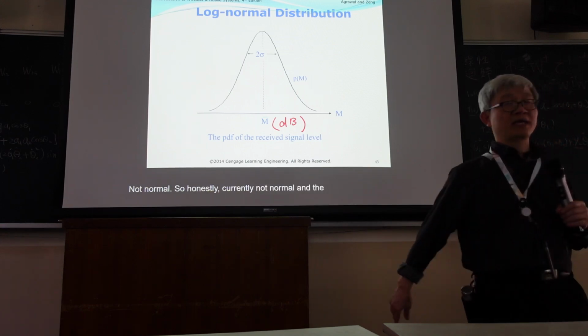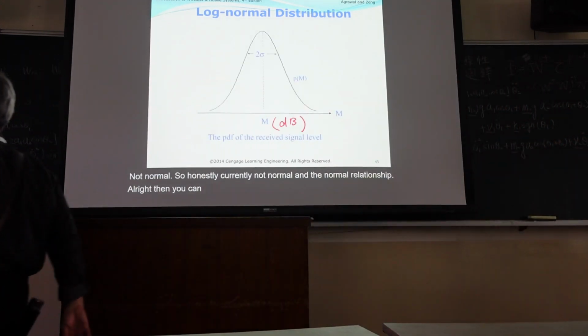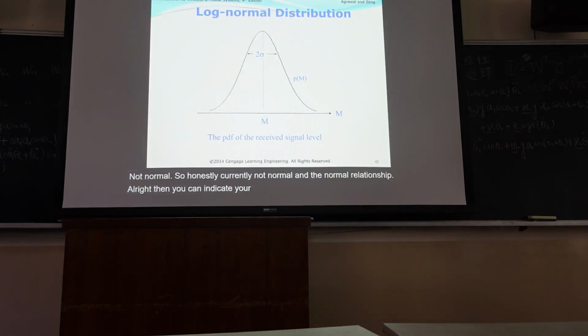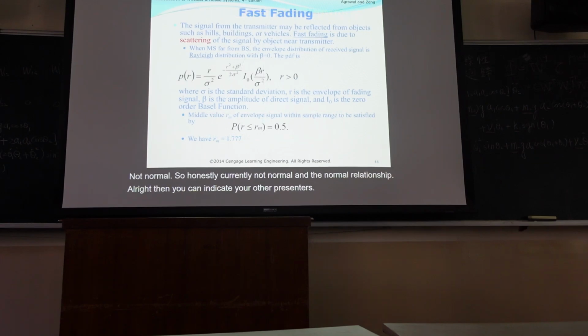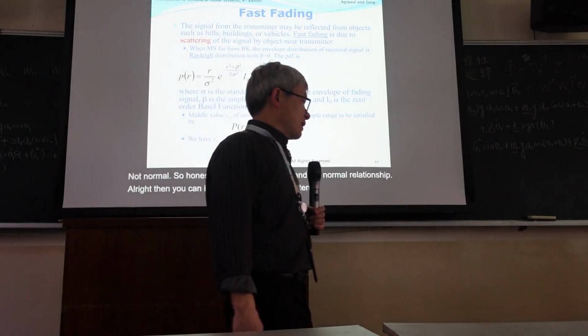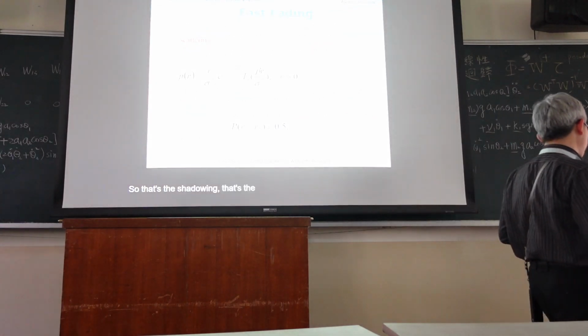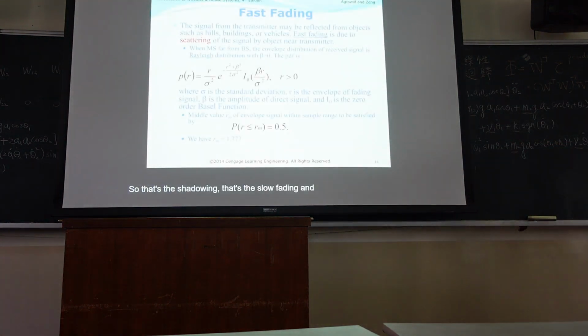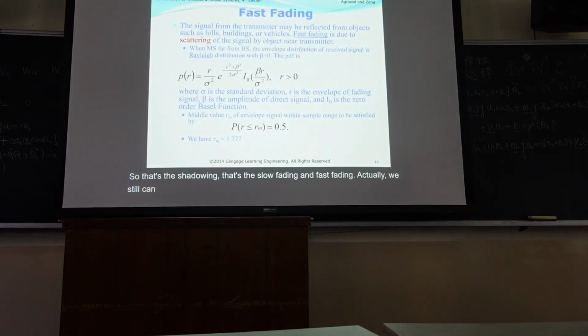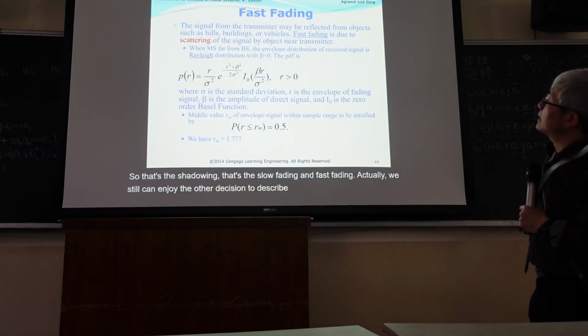Alright, Sam, you can indicate you are the presenter. So that's the shadowing, that's the slow value. And for the fast value, we can still employ another distribution to describe it.